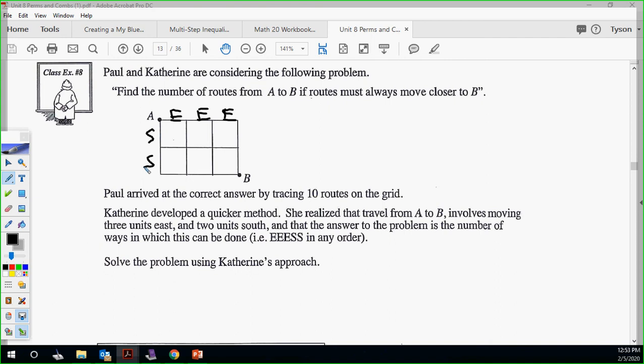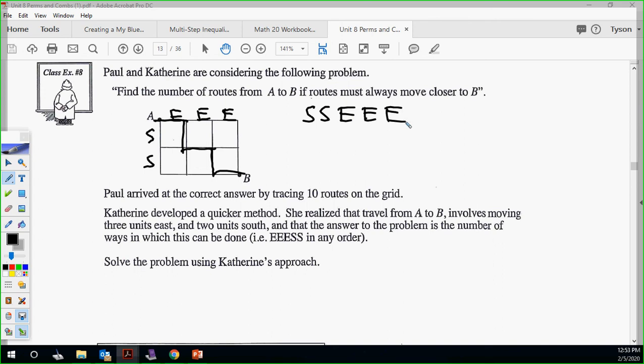But we have repetitions of direction. Like if I flip this E to here, it doesn't change anything. It's still an east movement. So we're essentially ordering the letters of those 5 commands, of those directions.